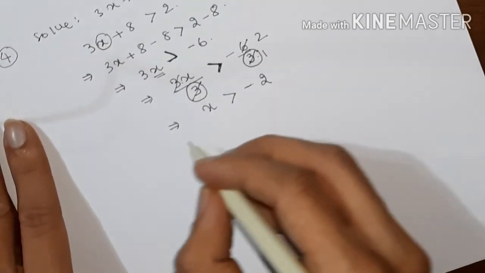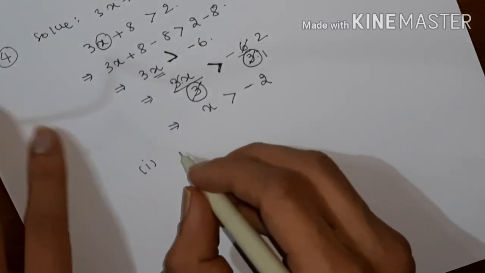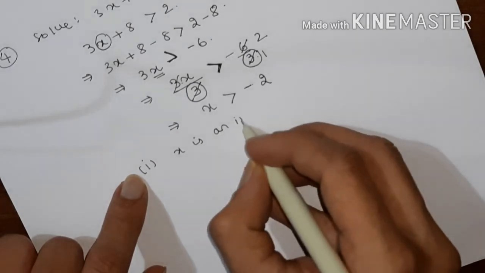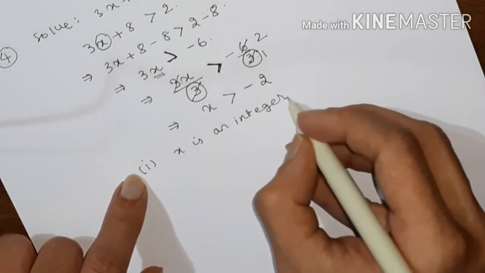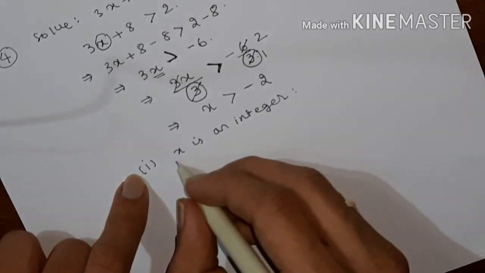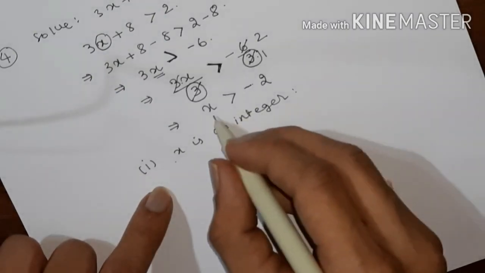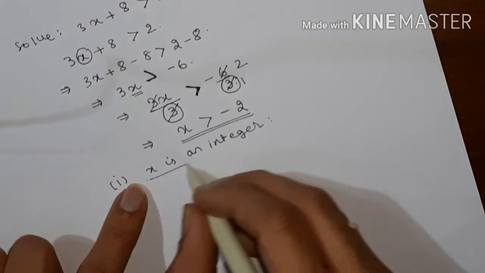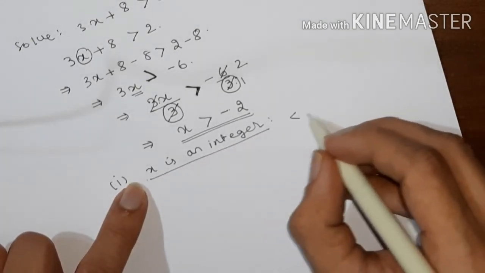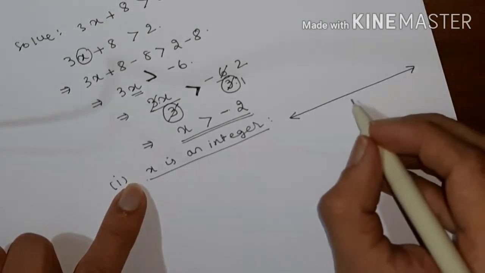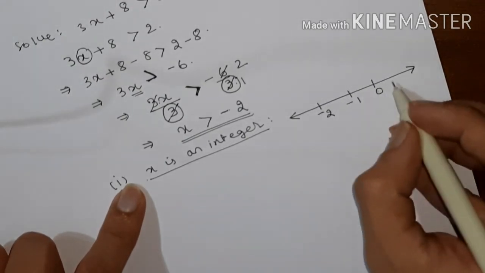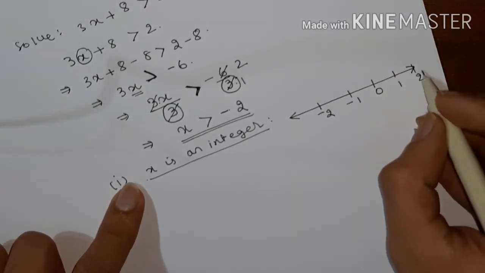Now let us look at the first sub question, that is x is an integer. Now you have x greater than -2 and x is an integer. So what you do is look at the number line here. This is -2, this is -1, 0, 1, 2 and so on.